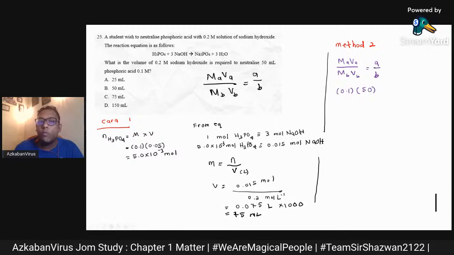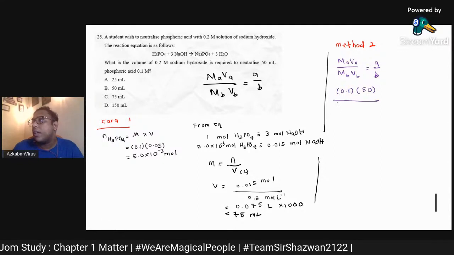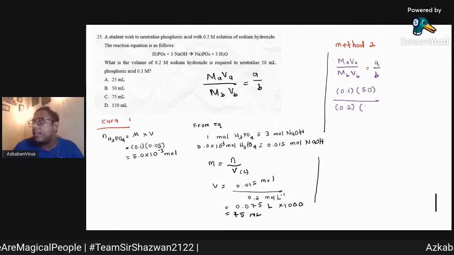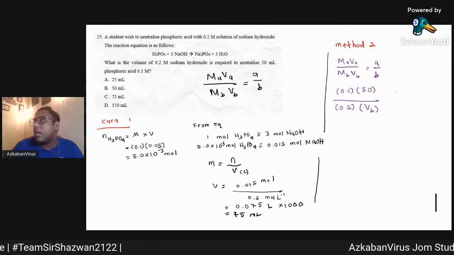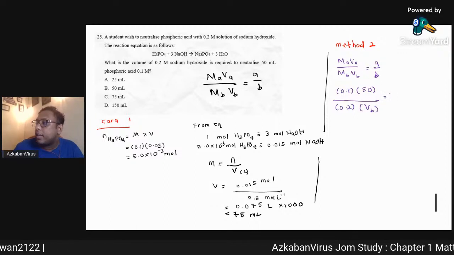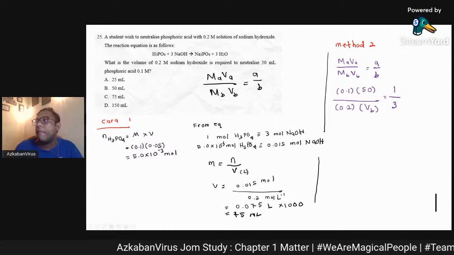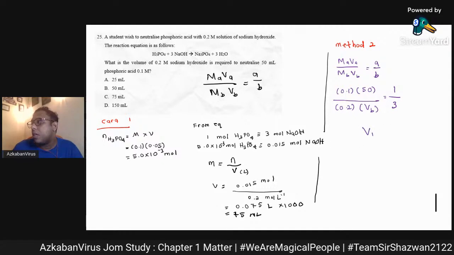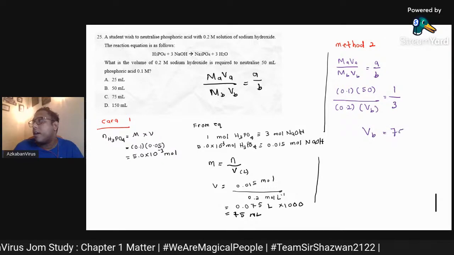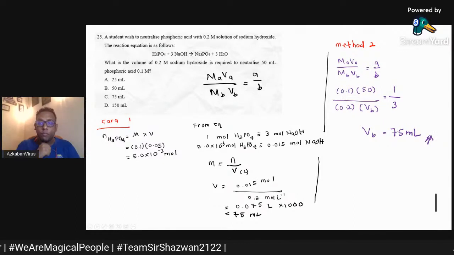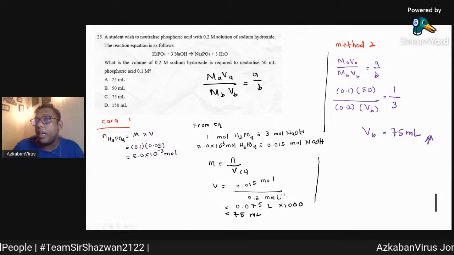Ini you boleh guna terus value tanpa tukar liter. MB adalah 0.2. VB nak cari. A kita stoichiometric untuk acid 1. B adalah 3. So from here akan dapat VB is equal to 75 ml. Dia akan dapat benda yang sama juga. Okay. So jawapan dia adalah C.